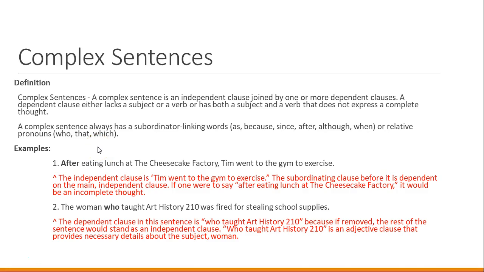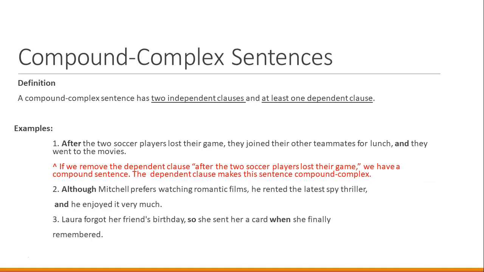The last type is compound-complex, and basically it is two independent clauses, or two simple sentences, with at least one dependent clause.